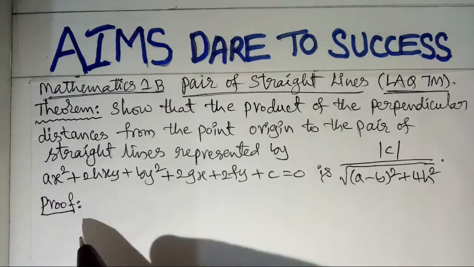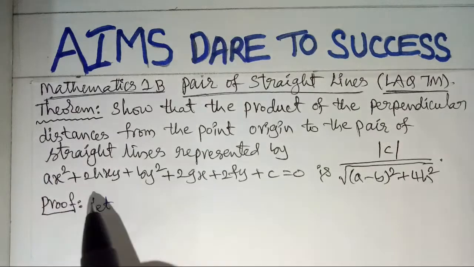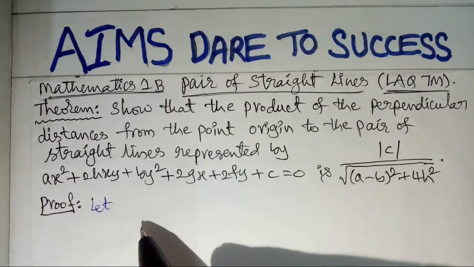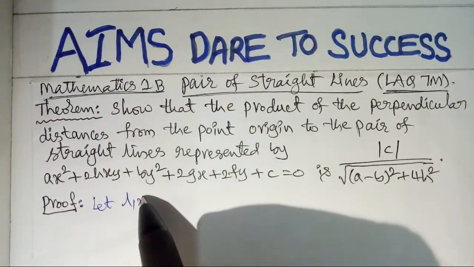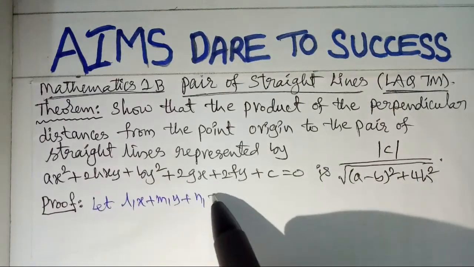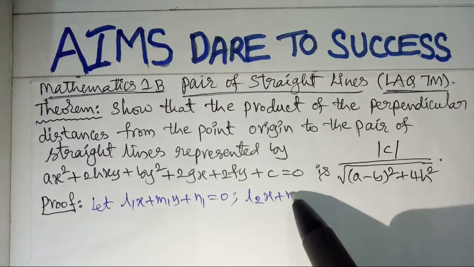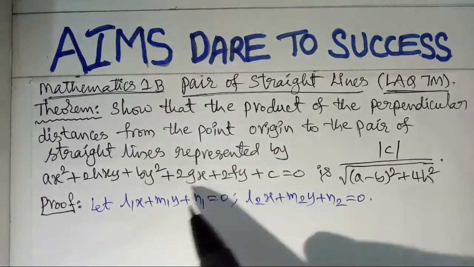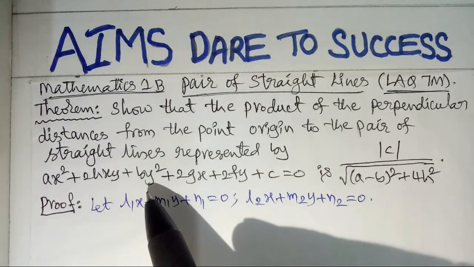So first of all, the biggest one. Let the pair of lines be represented by ax² + 2hxy + by² + 2gx + 2fy + c = 0. You can consider it like this: the first line is L1x + m1y + n1 = 0, and the second one is L2x + m2y + n2 = 0.